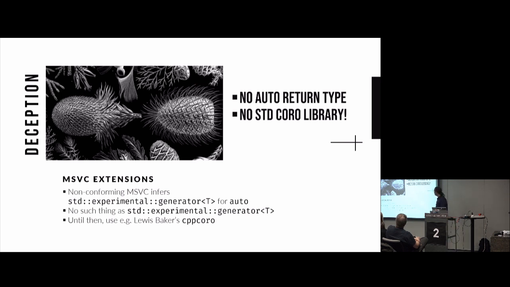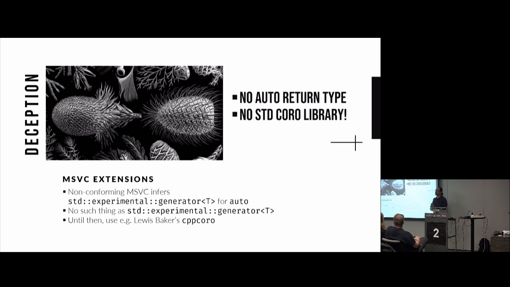The more serious problem here is that there is no such type as std::experimental::generator. There is no standard generator. In fact, there is no standard library type that does anything with coroutines. There is no library support for coroutines in C++20, and that's unfortunate.